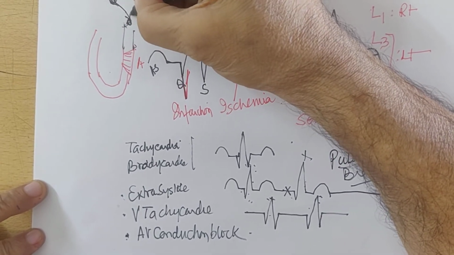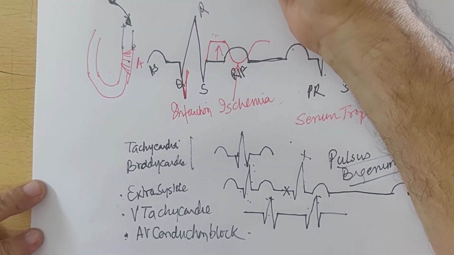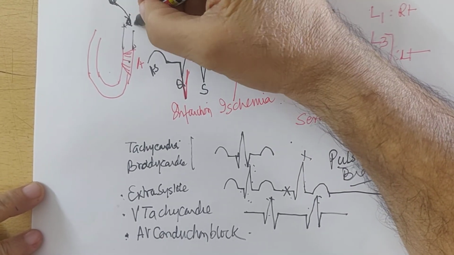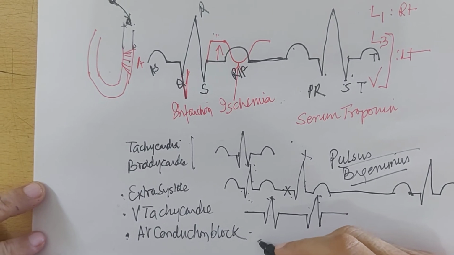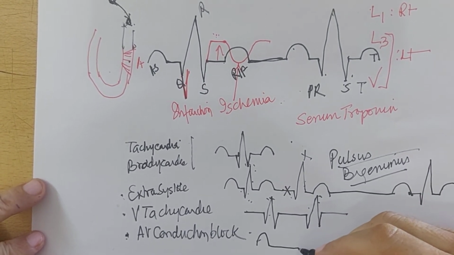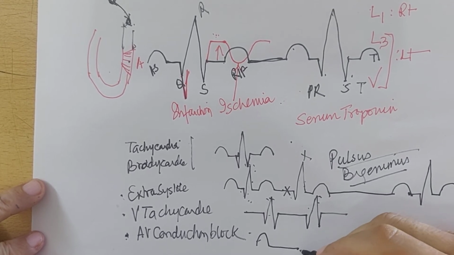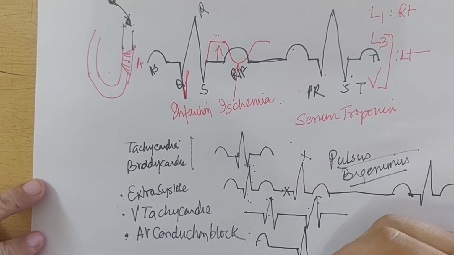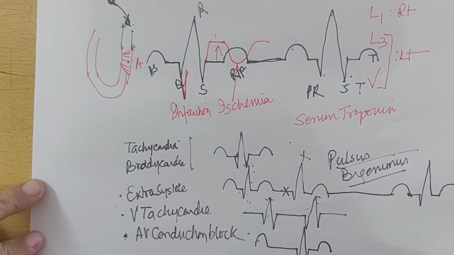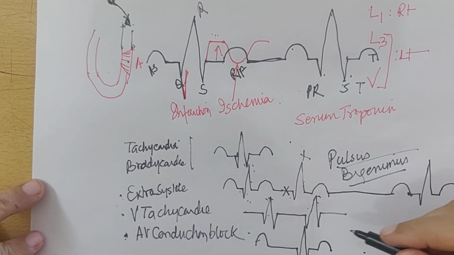The impulse comes here and sometimes passes and sometimes does not pass. So the PR interval is long, conduction is slowed, this is one type of AV block.